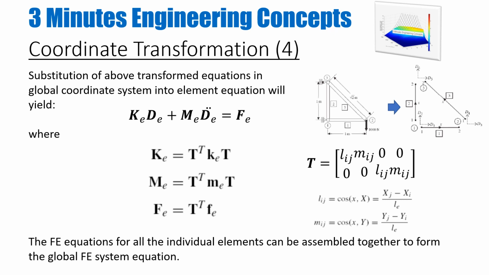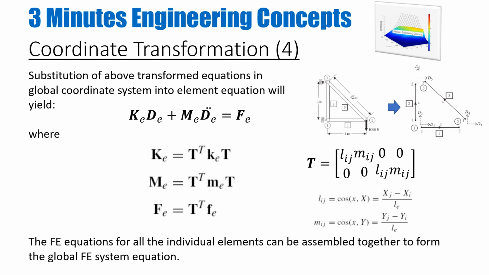In the last video, I also explained how to transform your local coordinate equations into the global coordinate system. Please bear in mind, these were all elemental equations, meant for one element.